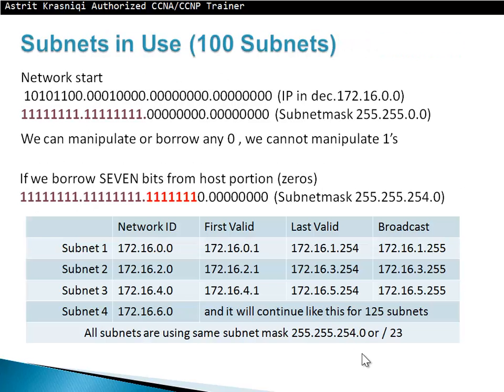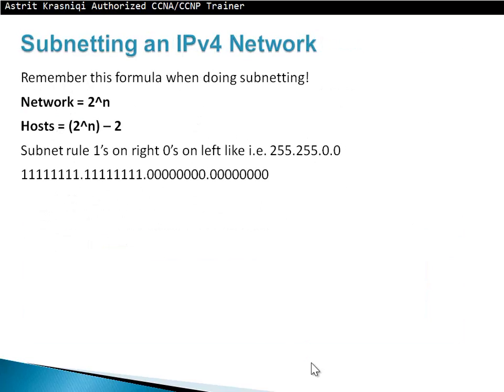What he's saying here is this: the network ID represents our network, and the broadcast, we can't assign them to hosts. Only from the first valid to the last valid, that range you can assign, not the ID and not the broadcast. That's why we have the minus 2. So always remember this formula when you're doing subnetting. 2 to the power n is for the networks, 2 to the power n minus 2 is for the hosts.